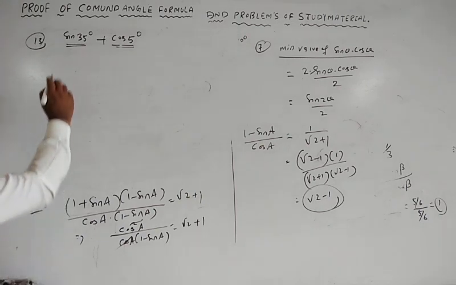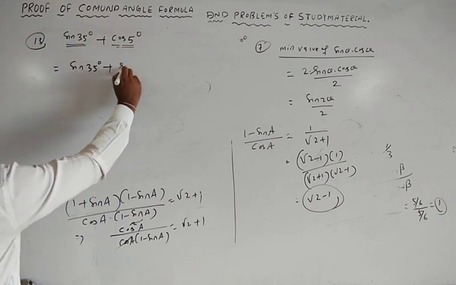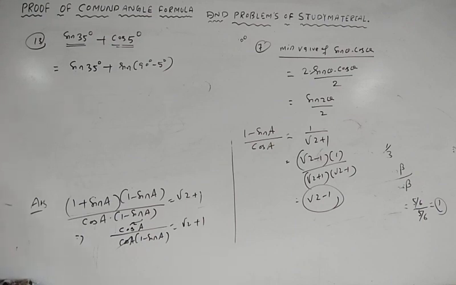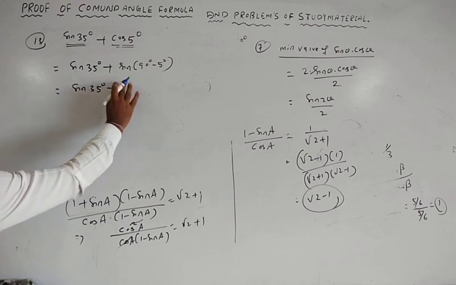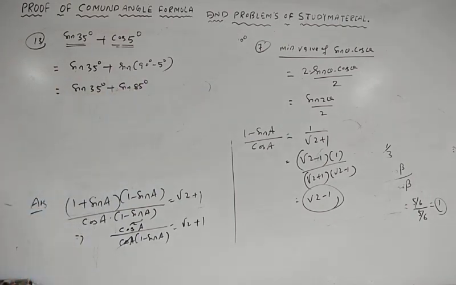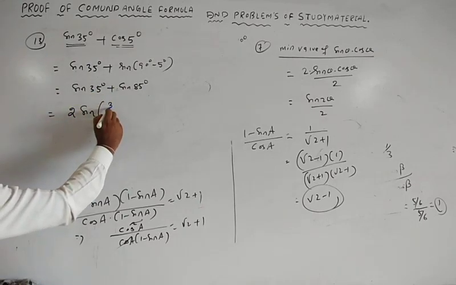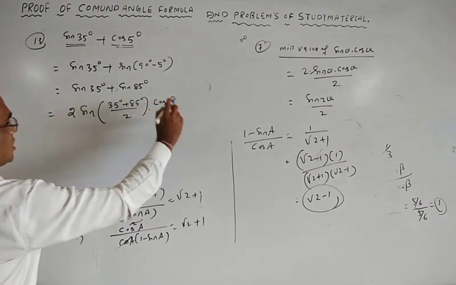So cos 5 degree is equal to sin (90 minus 5). You know sin (90 minus theta) is equal to cos theta. So this is equal to sin 35 degree plus sin 85 degree. Cos 5 degree value is the same as sin 85 degree value. Here you use the formula sin C plus sin D: 2 sin (C plus D) by 2 into cos (C minus D) by 2.